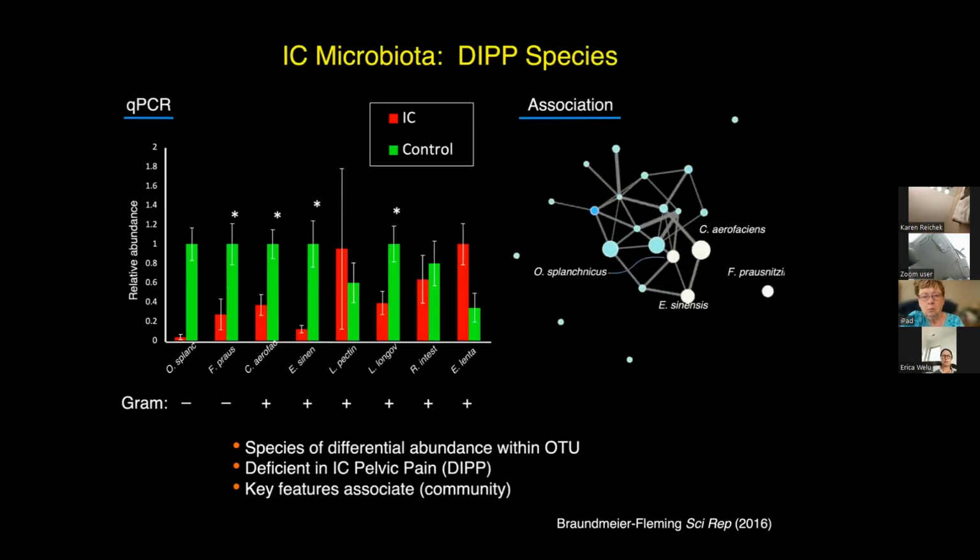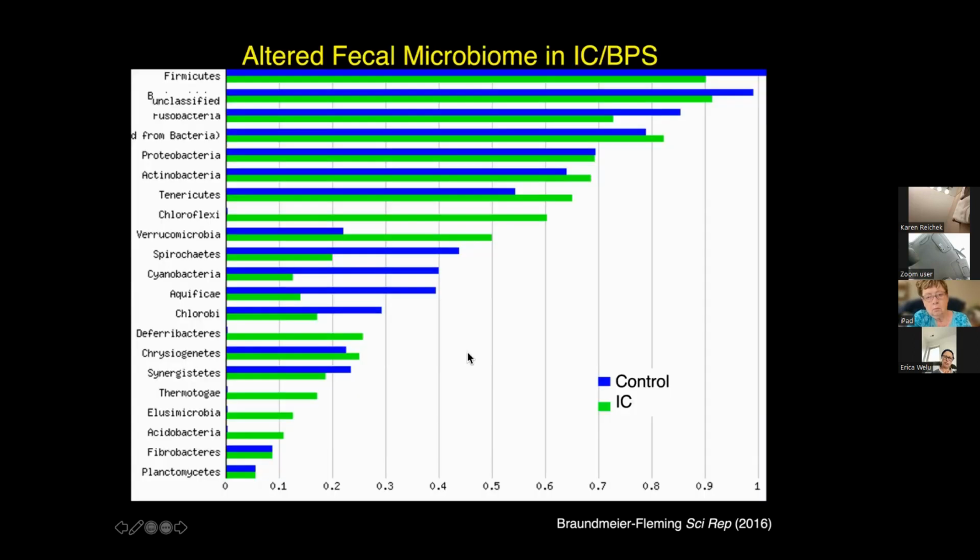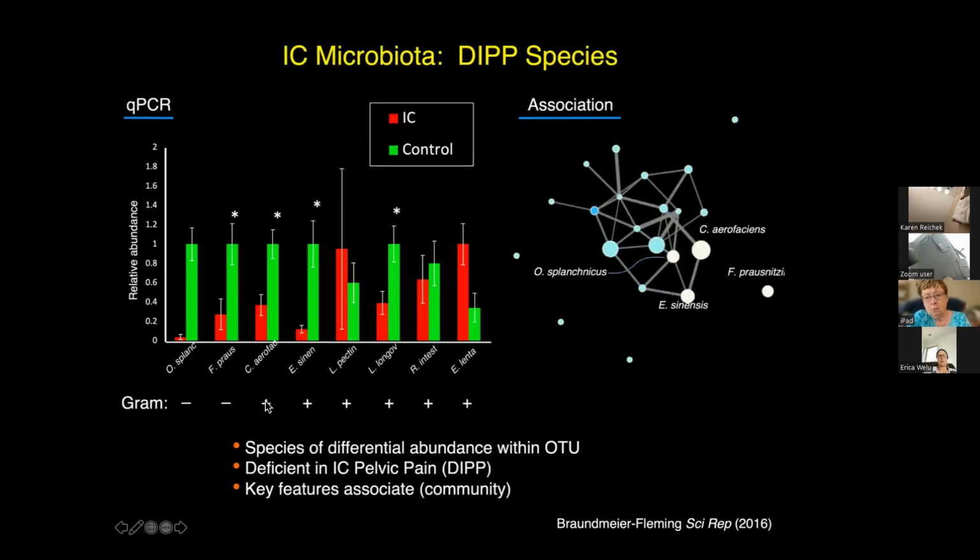We actually looked at this a little more closely using very quantitative approaches. We found that there were several specific species of bacteria, both gram negatives and gram positives, that were deficient in IC pelvic pain. We call them DIP species, deficient in IC pelvic pain.